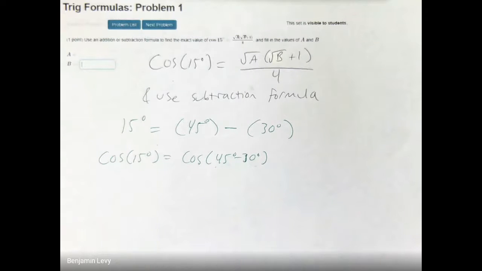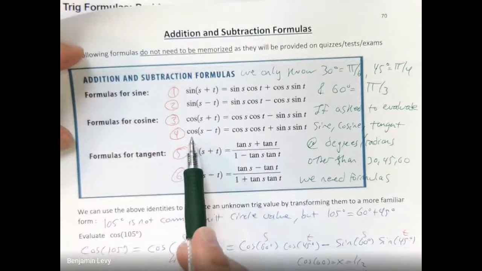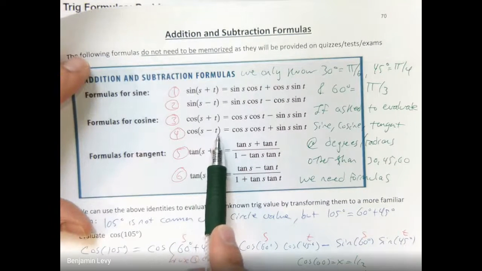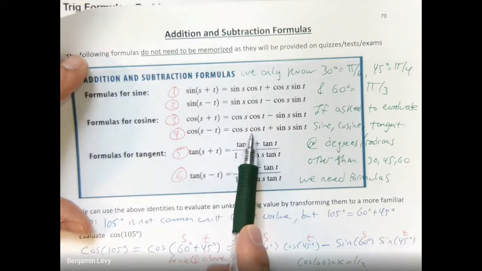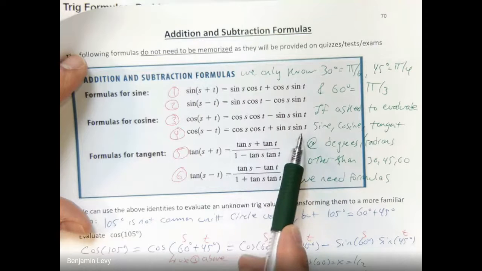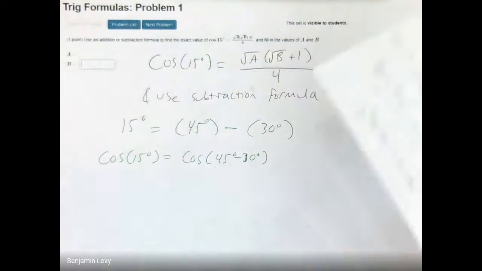And then we can use the subtraction formula. So I'm just going to put the subtraction formula up here. We have something that looks like this. We have cosine with two things being subtracted. Notice that it's an s and a t here, and the s's and the t's go on the other side of the formula inside the sines and the cosines. I'm going to use formula number 4 and rewrite it applying to this problem.